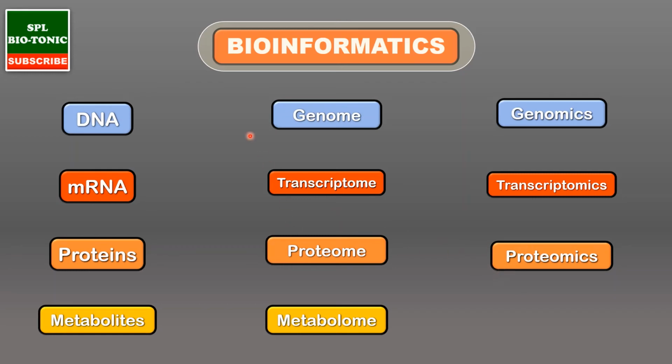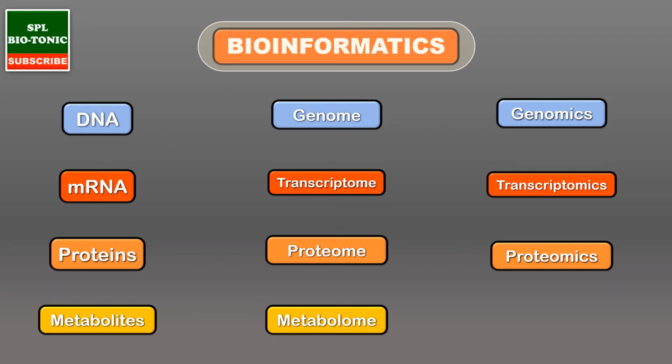So students, once you know the basic terms like DNA, RNA, proteins, you can extrapolate that information to words like genome and all these things, and then the study of something is called genomics, transcriptomics and proteomics. So I hope you are clear with these concepts.